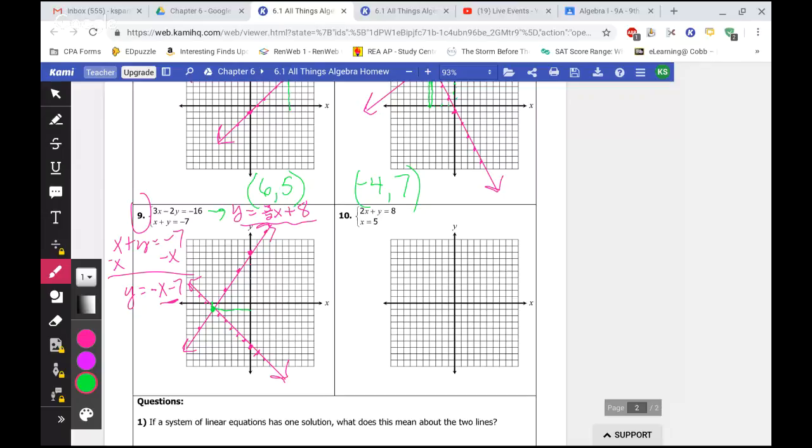How far did I go over to the left on the x-axis to get to this green point right here? -6.